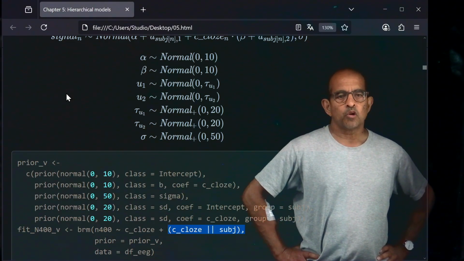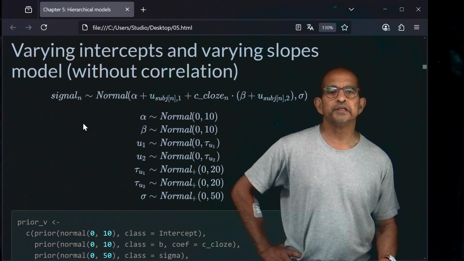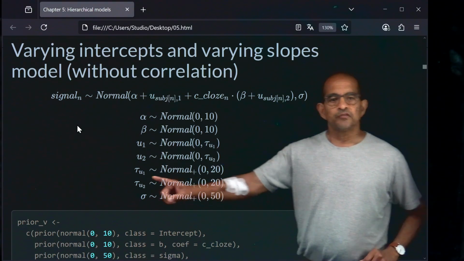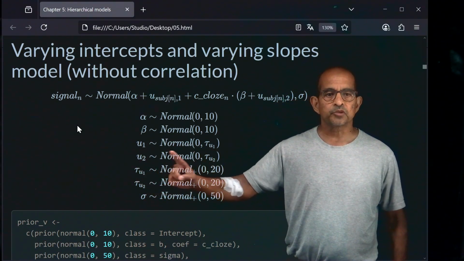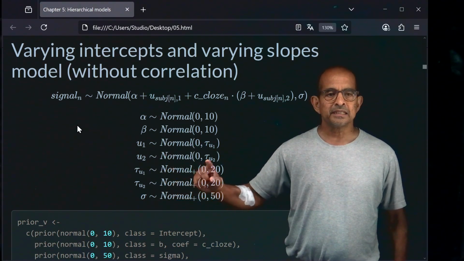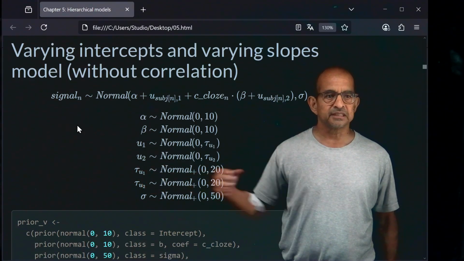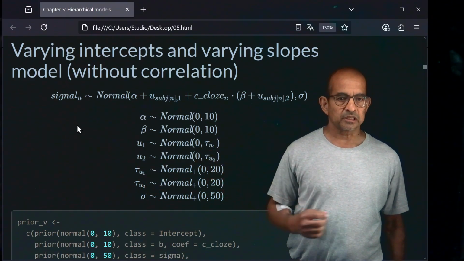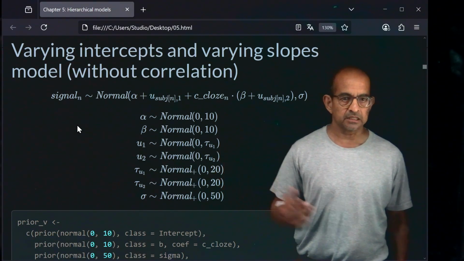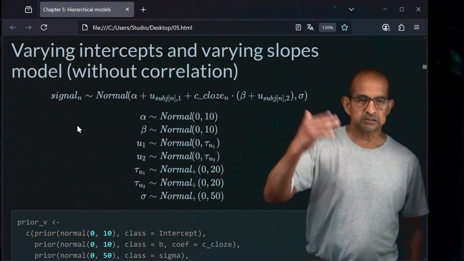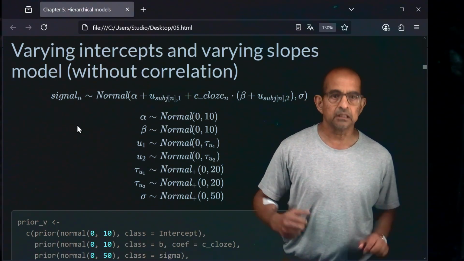One other thing I want you to notice in this model specification, which I have over here, is that for the intercept and slope adjustments, I have defined priors. What's going on here is that the intercept and slope adjustments are parameters in the model that represent the individual level differences as regards the ERP signal.